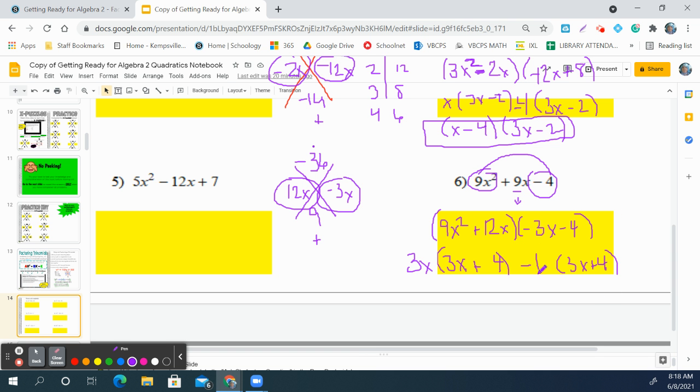A negative 1, absolutely. All I'm trying to do is change the sign there. So if I have a negative 3x and a negative 4 and I want a positive 3x and a positive 4, I've got to take out a negative 1. So 3x minus 1 is our first set of parentheses, and then 3x plus 4 is our second set of parentheses.